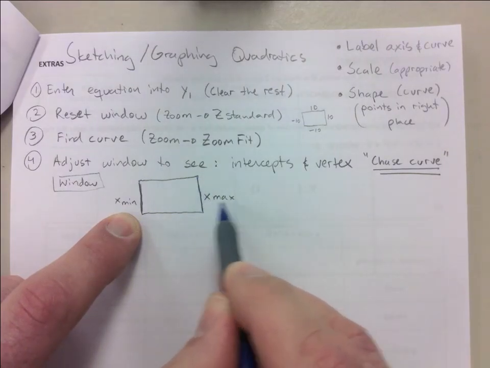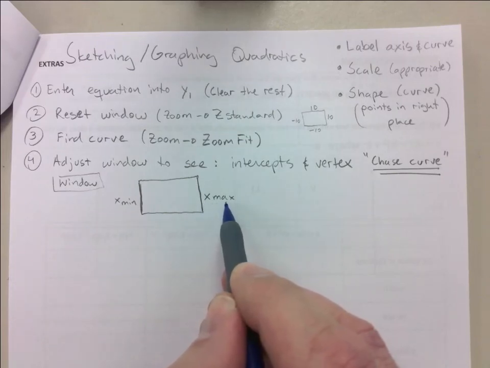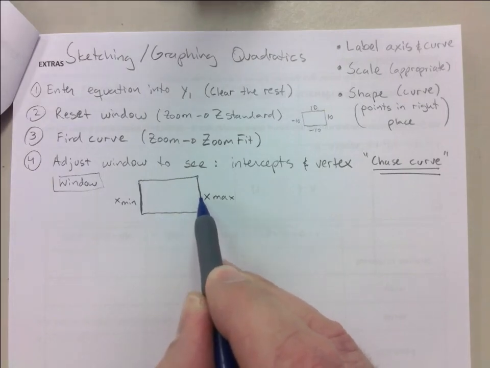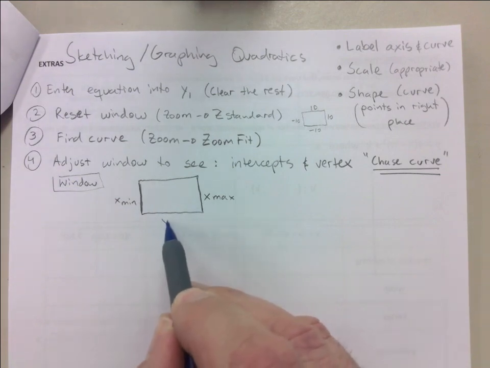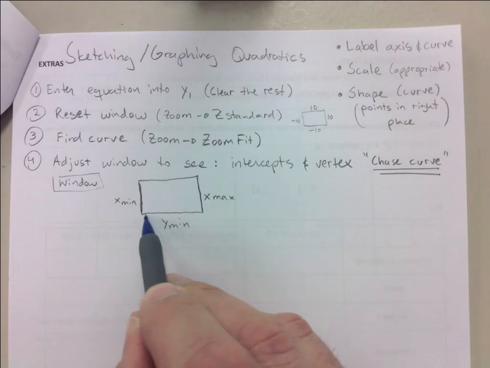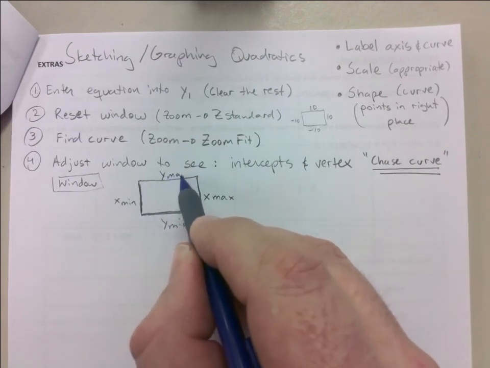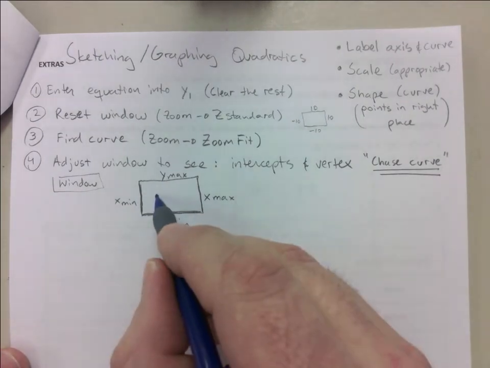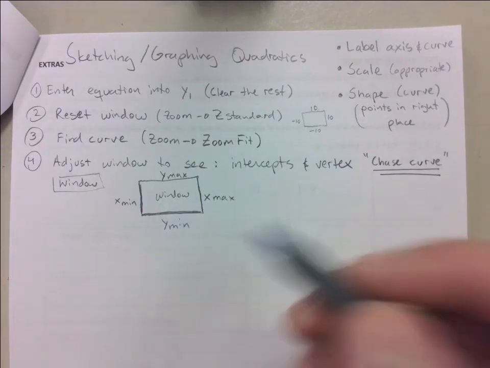So whatever you set your X-max to be, let's say you set X-max to 100, it means that your window will show an X value up to 100, okay? The next would be Y-min. It determines the bottom of your screen, and the top represents the Y-max. That's the top of your screen. So you have to adjust it until you see. This is your window, right? This is what you're going to see on your screen.